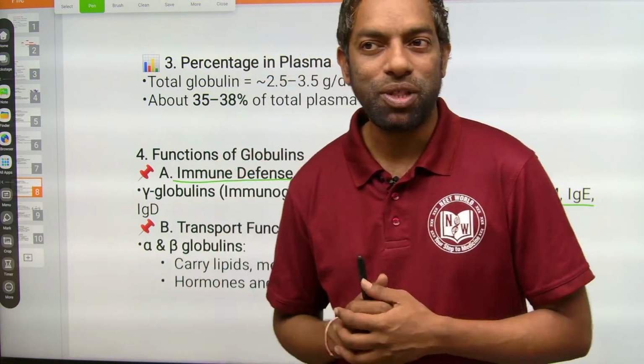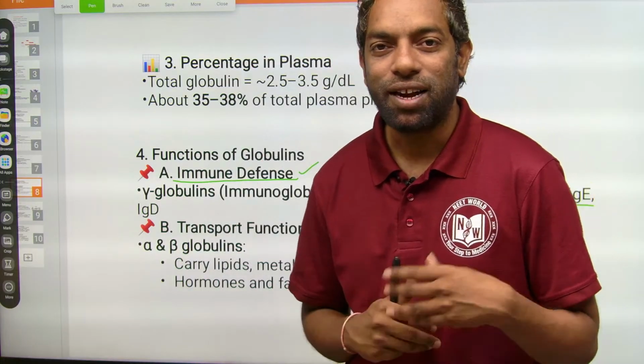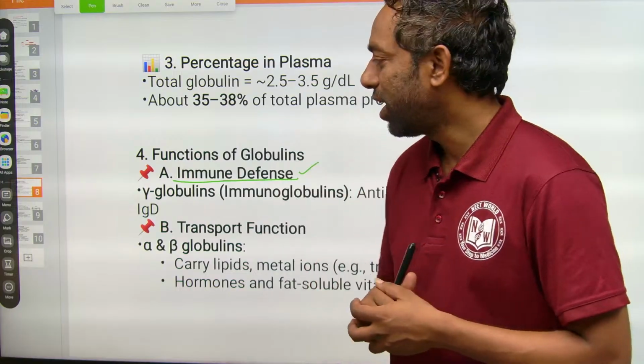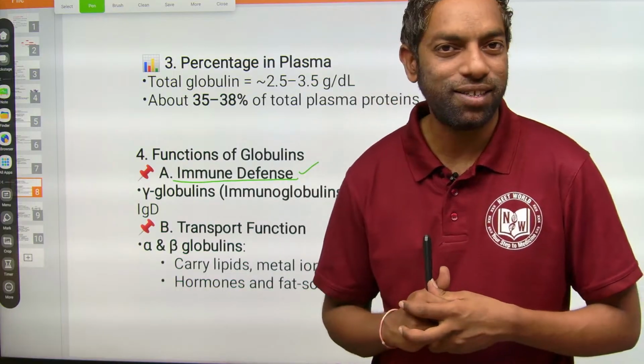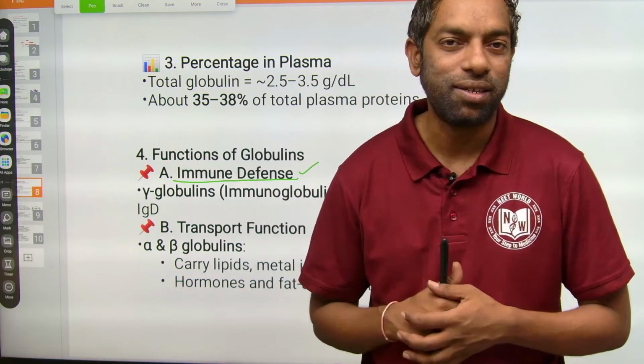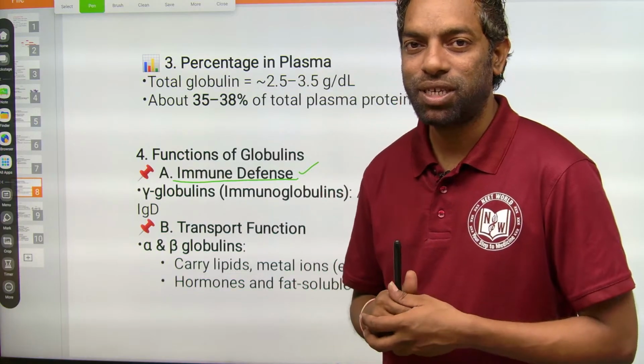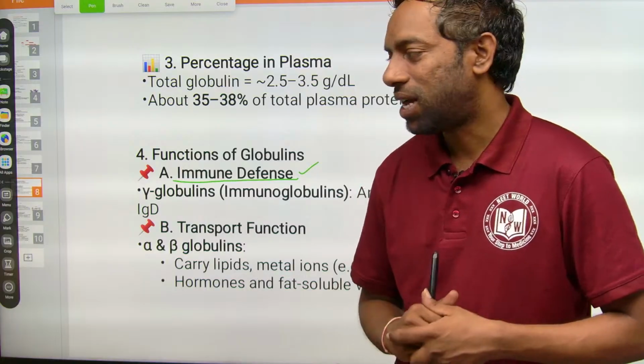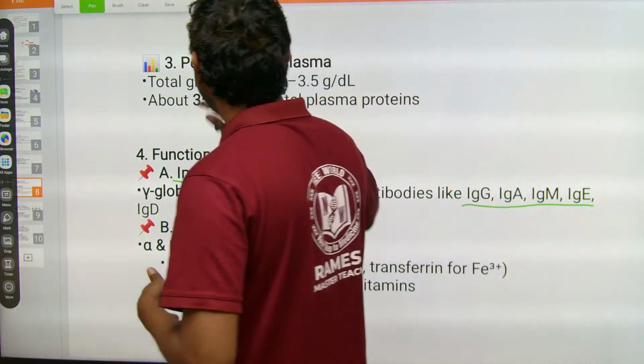Alpha and beta are carriers of hormones and other elements like iron. I hope you guys understand this. This is the second prioritized protein, at 38% of the plasma proteins.